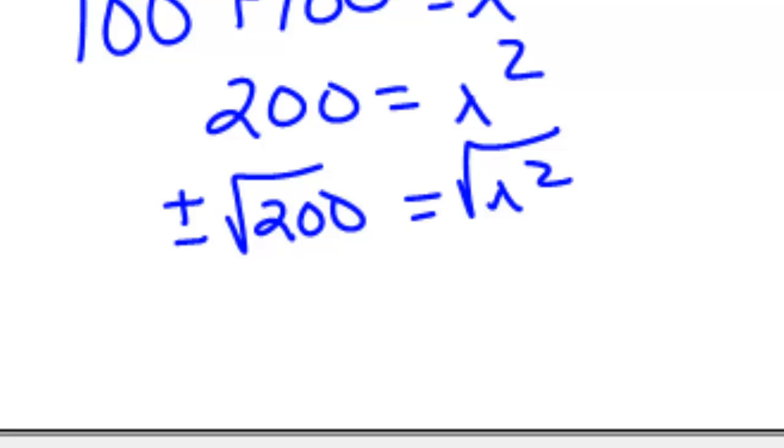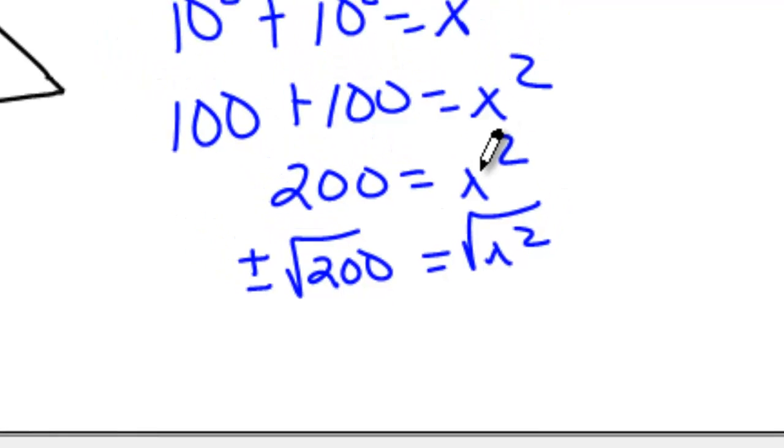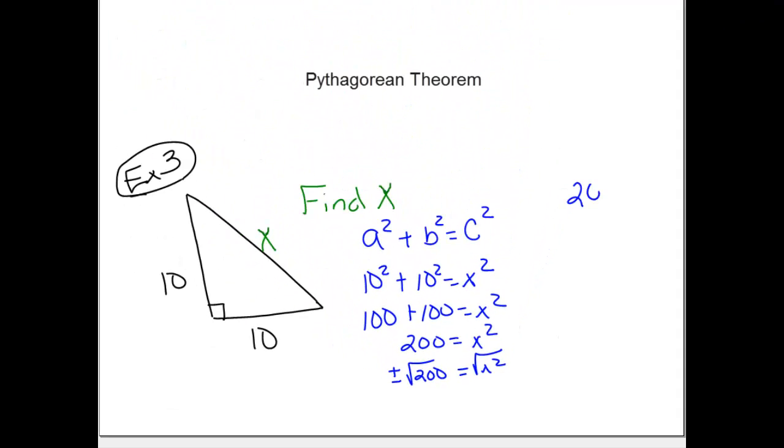Now, if you don't have a calculator, you'd have to use a factor tree to find the square root of 200. So we have 200, so I'm going to do 20 and 10. Then I'm going to do 2 and 10, 5 and 2, 5 and 2, and I'm going to circle all my prime numbers.